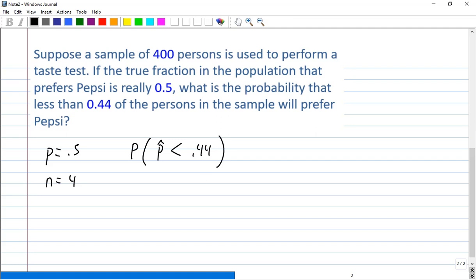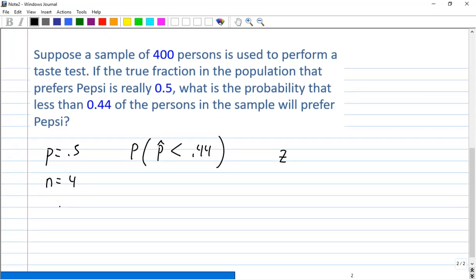Okay, what am I missing that I need to find a z-score? I'm missing my standard deviation, or my sigma sub p hat. And we just wrote down a formula for that. All right, so let's calculate that.